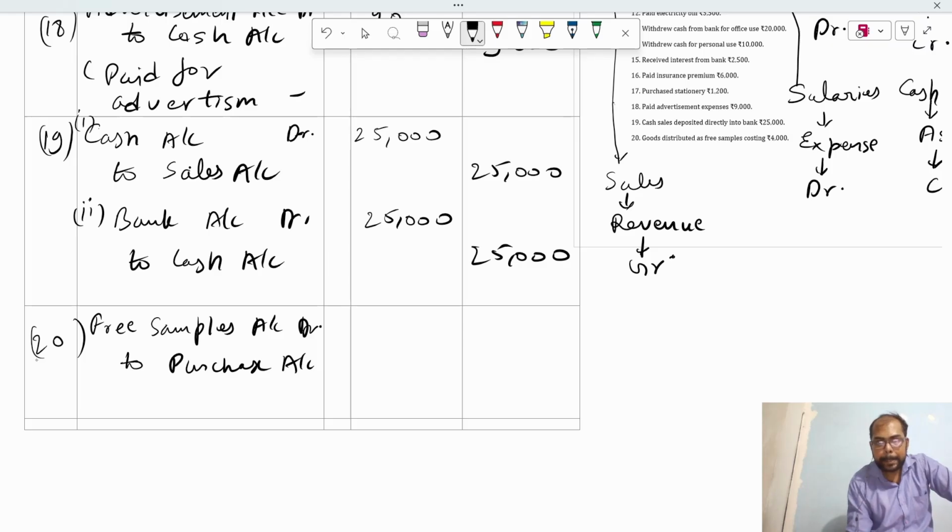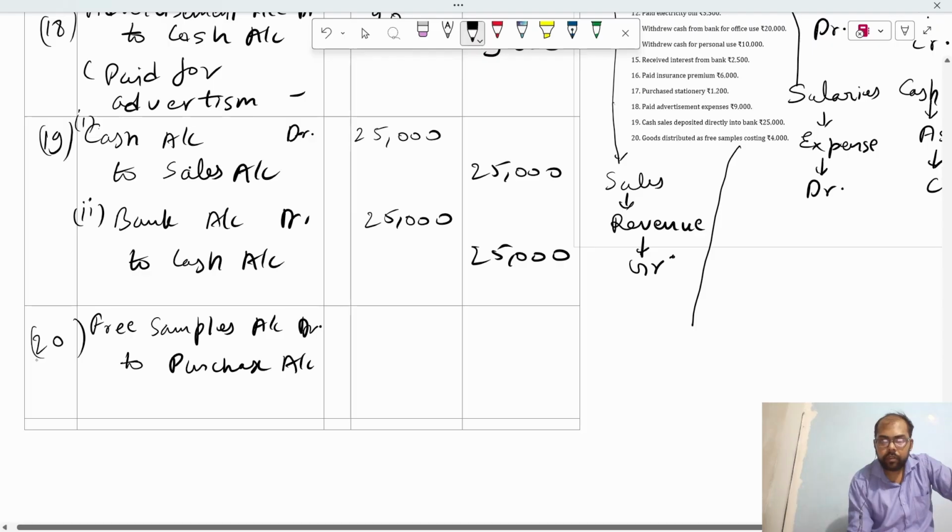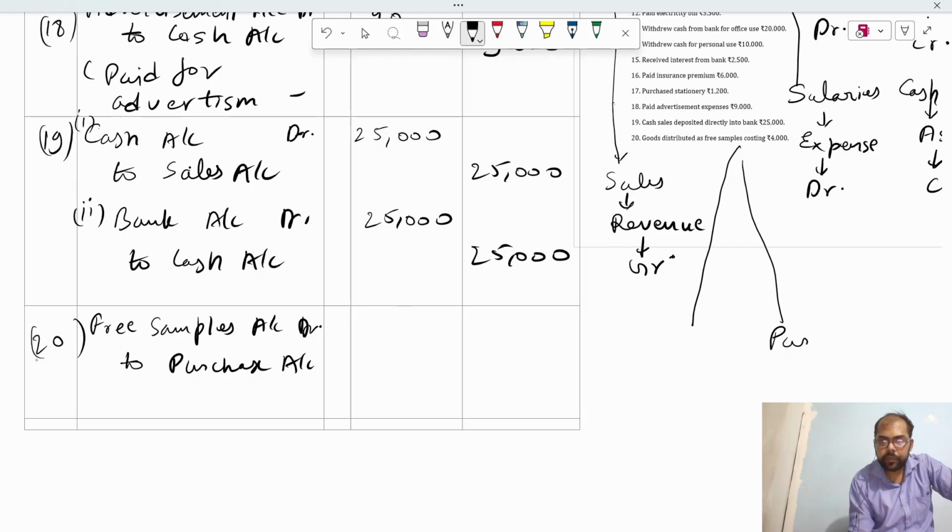Now, why are we using purchases here? First of all, we write goods as purchases here, and free samples as an expense, advertising expense.